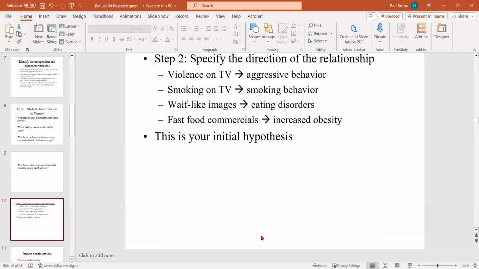Maybe like athletes, or players. So athletes are more likely to use health services than non-athletes.